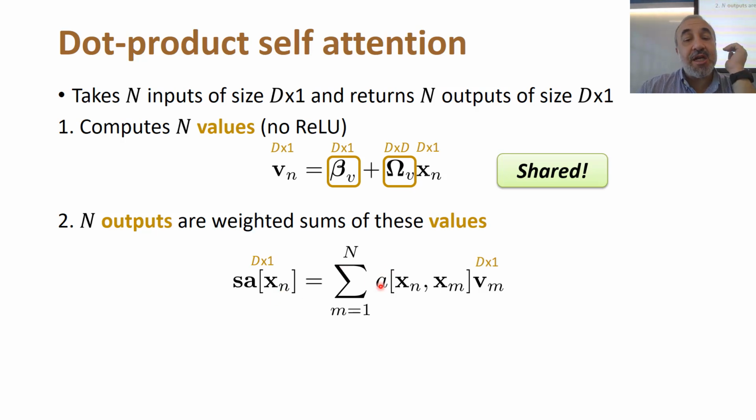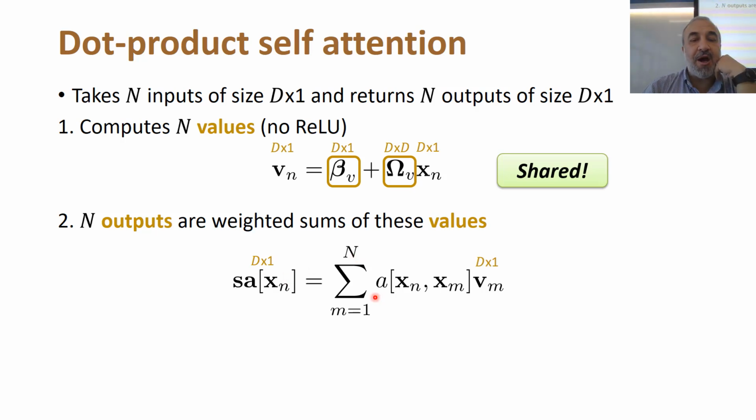This is a summation from 1 to capital N, which means it's a summation over all words. Didn't we say that any word should attend with different weights, with different percentages, to different words?